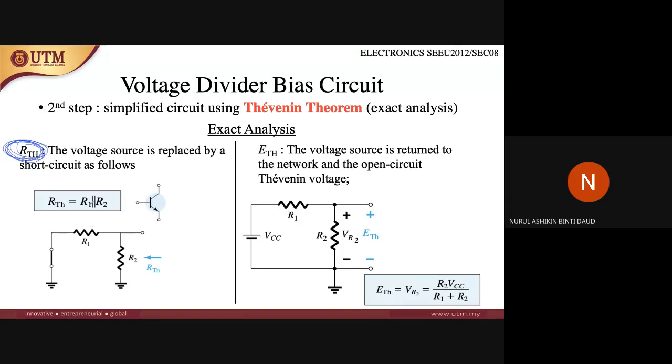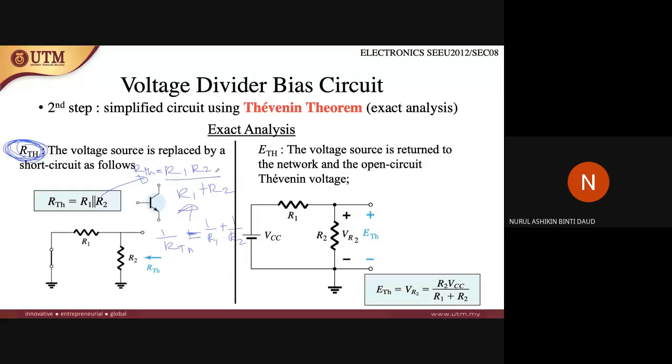R1 and R2 are in parallel, and you still remember the parallel equation of resistors. Once you solve it, RTH is R1 R2 over R1 plus R2. How do we get this? The total resistance is 1 over R1 plus 1 over R2. Rearrange this equation and you will get this result.